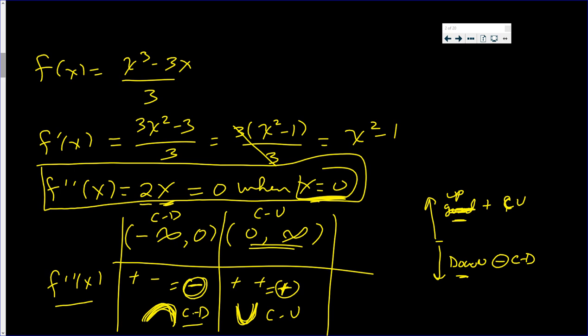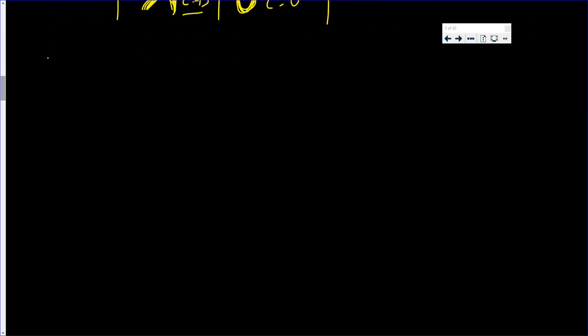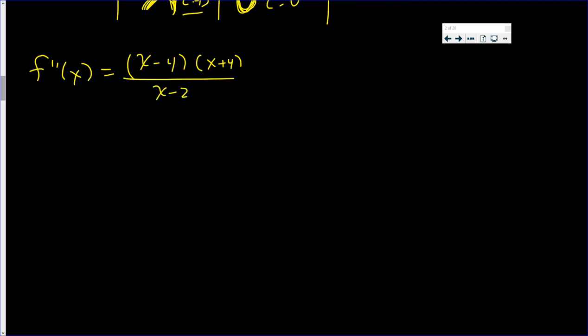Let us do one more like this. This time, I'll just give you the second derivative. No point in spending time calculating the second derivative. But you do want to go to the second derivative. Once you have the second derivative, then you decide when it's 0 or undefined.